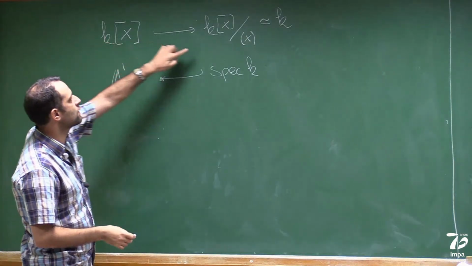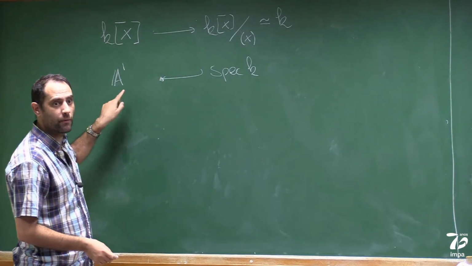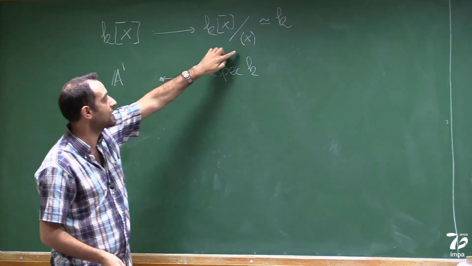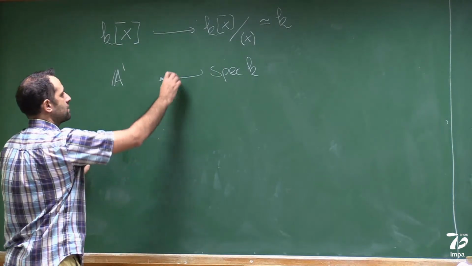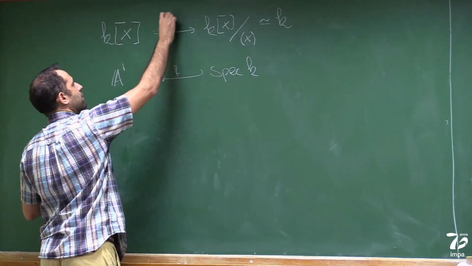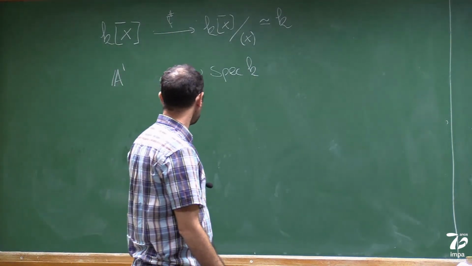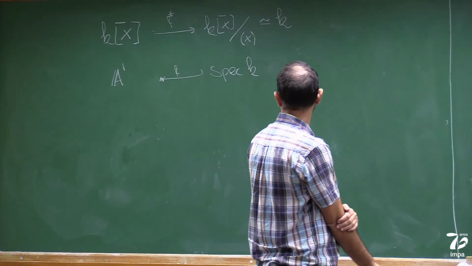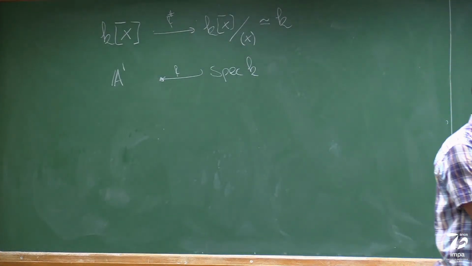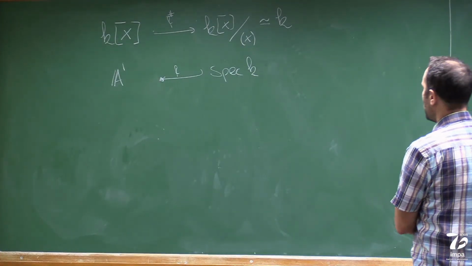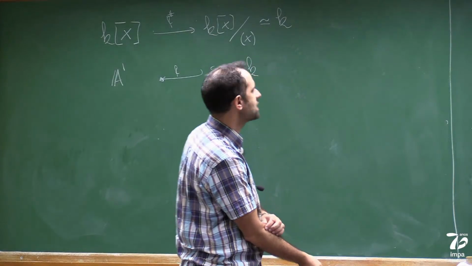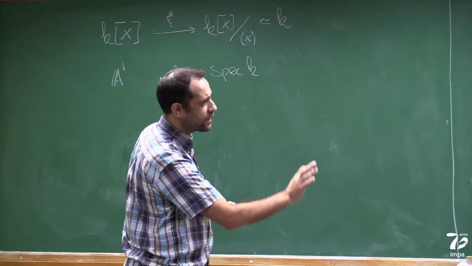In this particular case, it corresponds to the origin in that line, dividing by the ideal generated by x. So that's this map f.